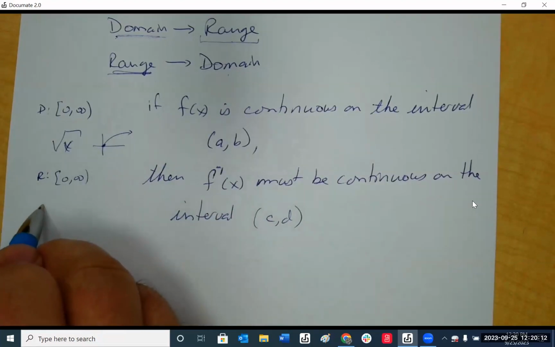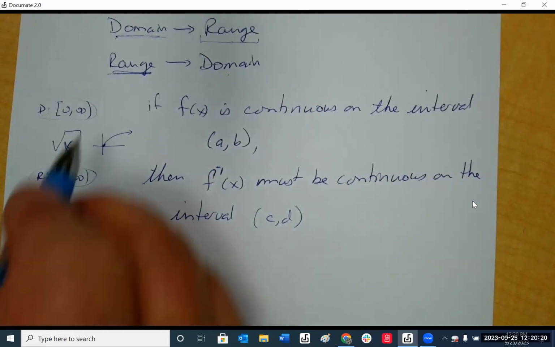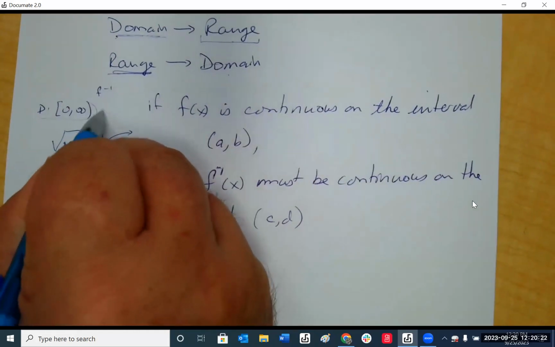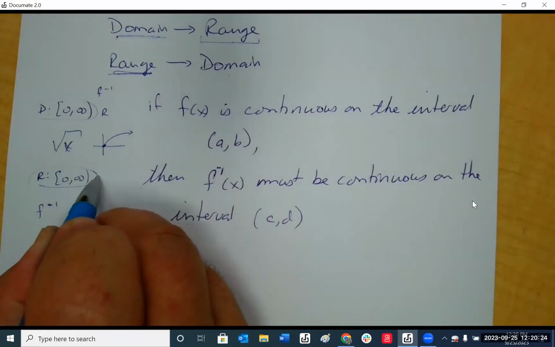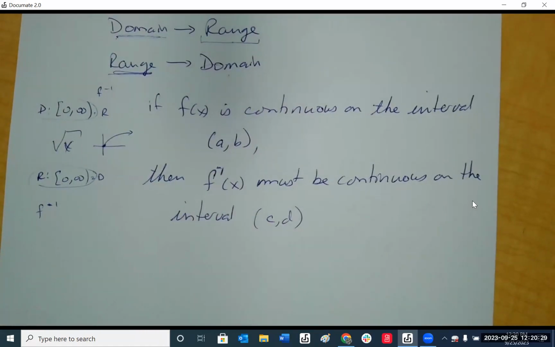So that means my inverse function will also have the same domain and range. It flops. So it's a lot easier, because if it's a continuous function f of x and you find the inverse of it, then the inverse has to be continuous.